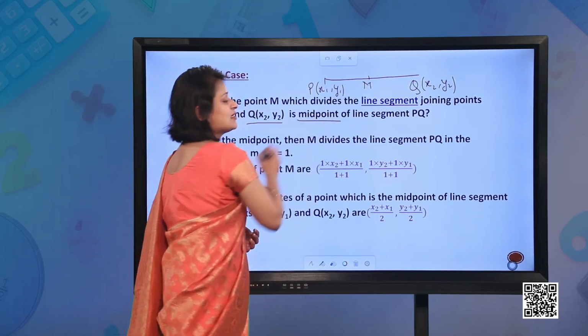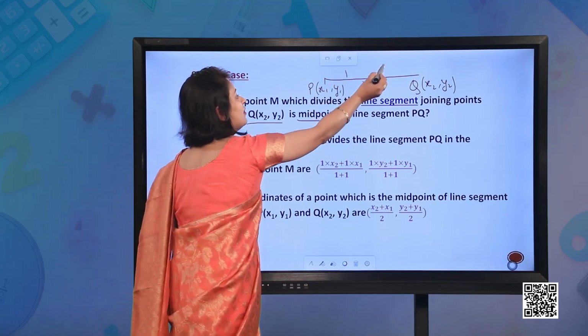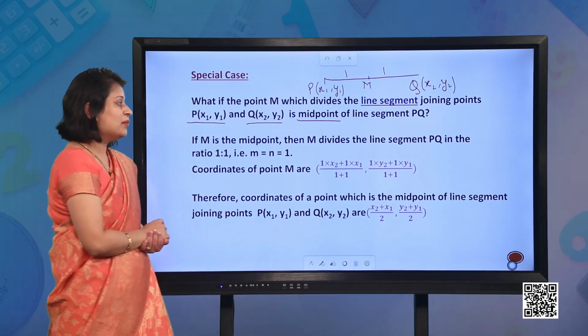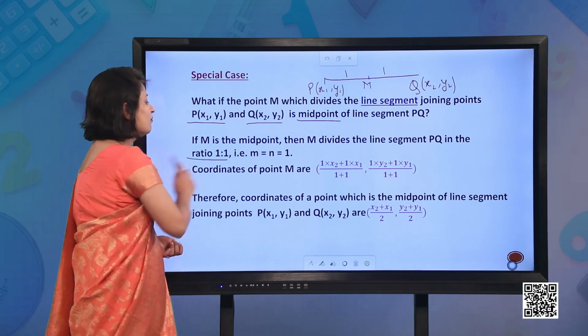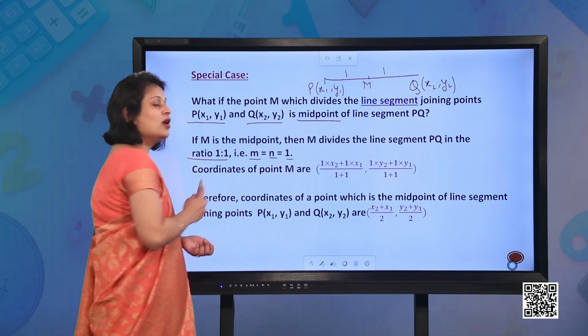Since the midpoint divides the line segment into two equal parts, this will divide it in the ratio 1:1. So if M is the midpoint, then M divides the line segment PQ in the ratio 1:1. So m and n both are 1.